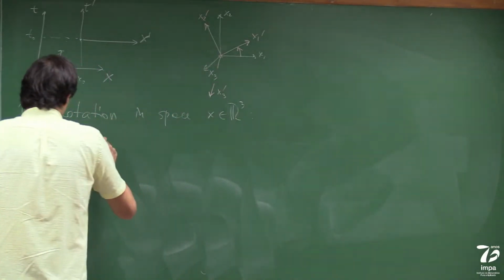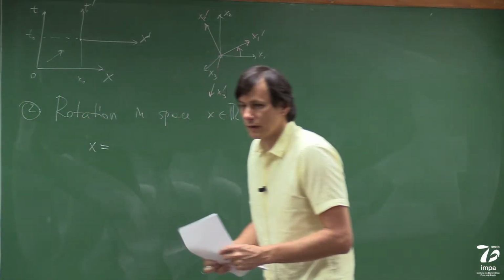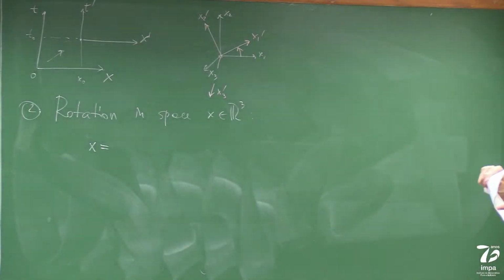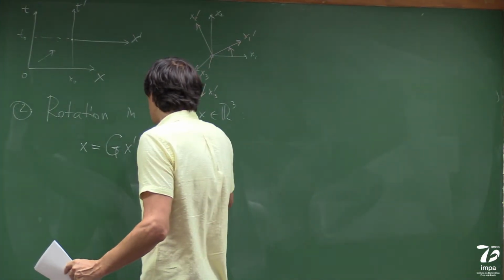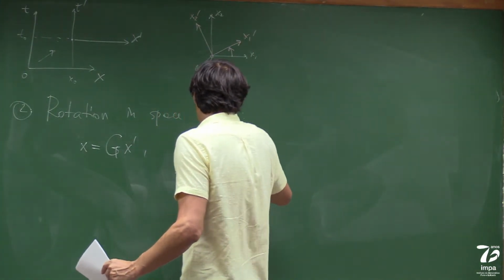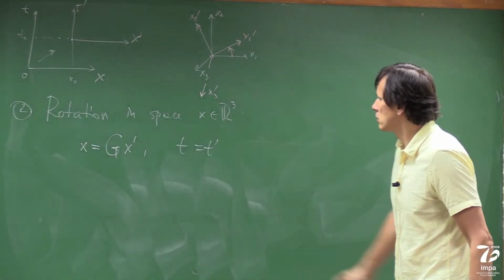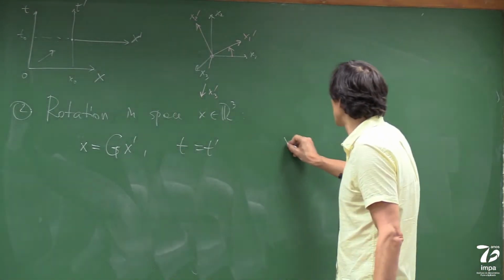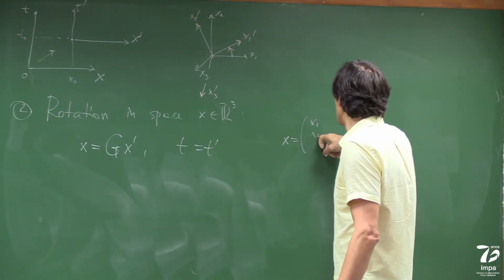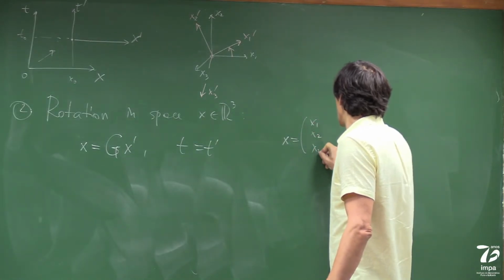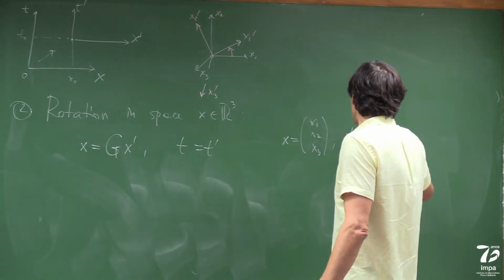So how do you define rotation? Rotation is a linear transformation, so it can be defined through a matrix, without changing time, right? Here we represent x as three coordinates. We represent x prime also as three coordinates.